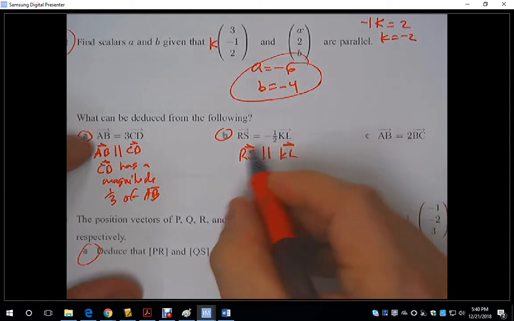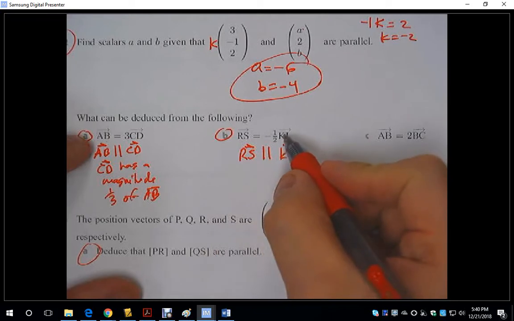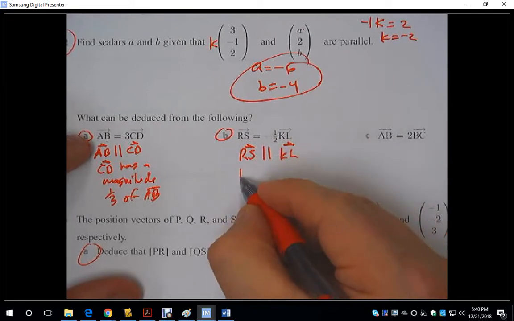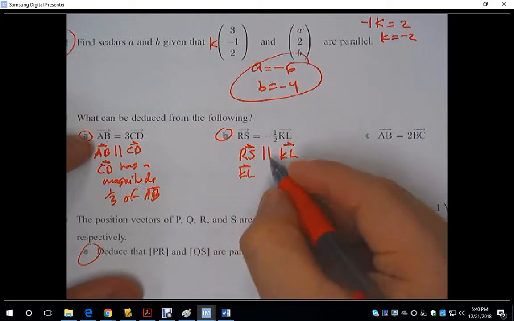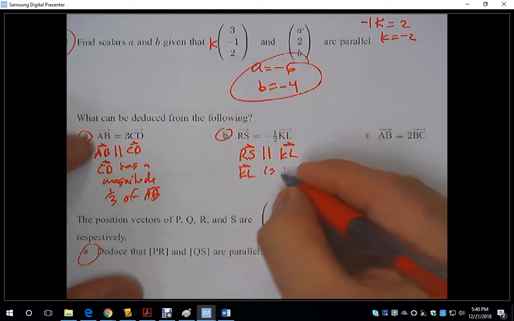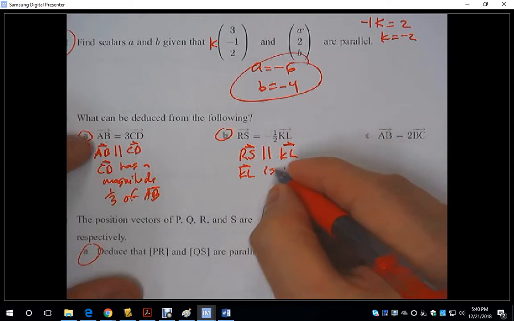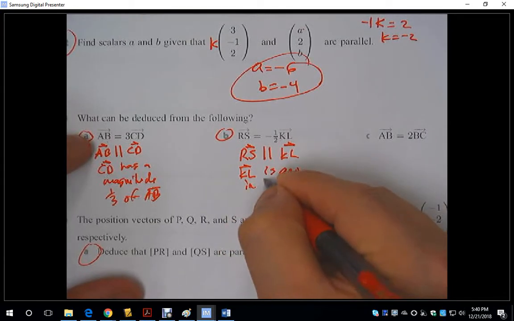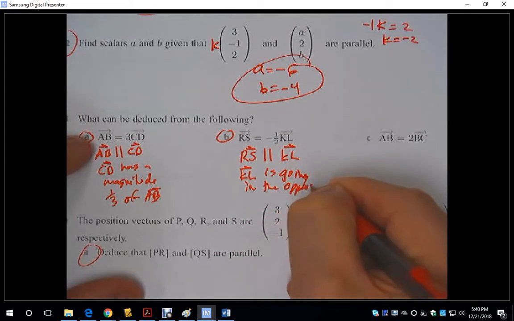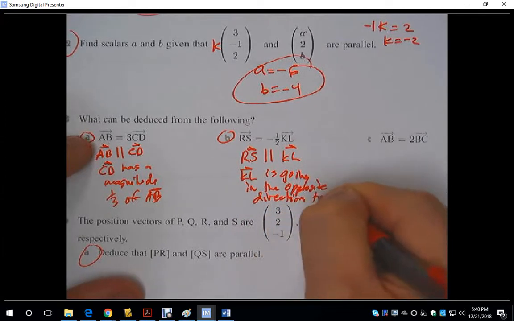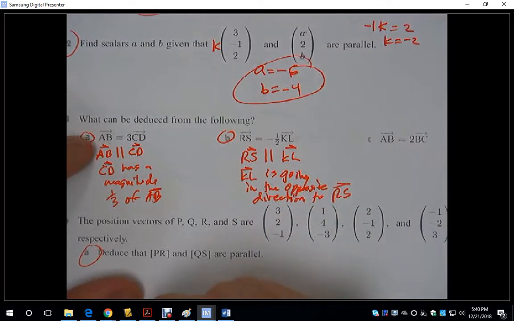We also know that if this scalar here is negative, it means that the vector KL is going in the opposite direction to RS.